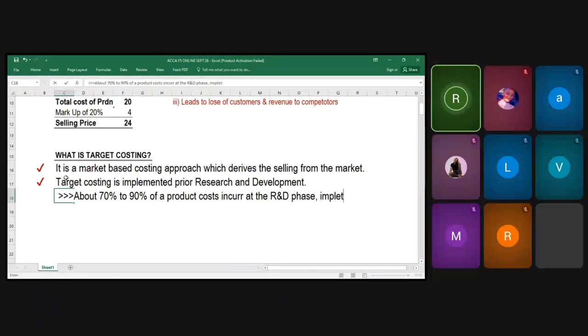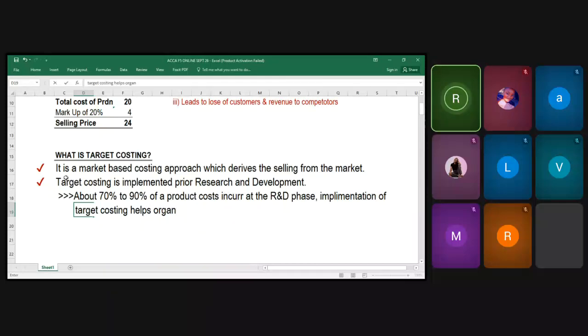Implementation of this costing method, target costing, helps organizations.